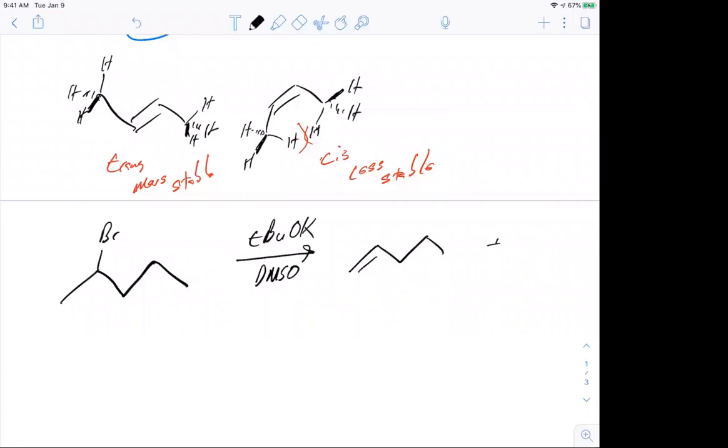And the way to think about it is, since there's free rotation around this acyclic bond, I can rotate around that bond, I can rotate around this bond. That means I can always get antiperiplanar. I've got an E2 type mechanism. So what we're going to end up with is several products.